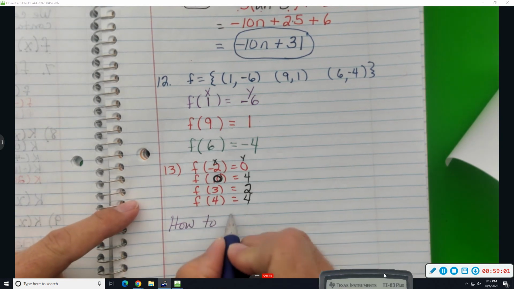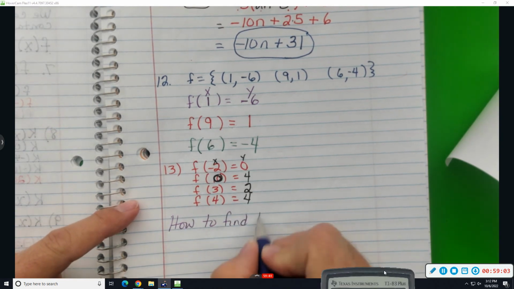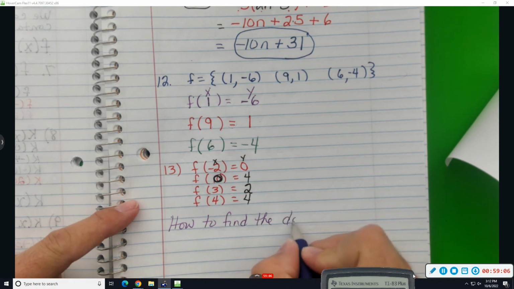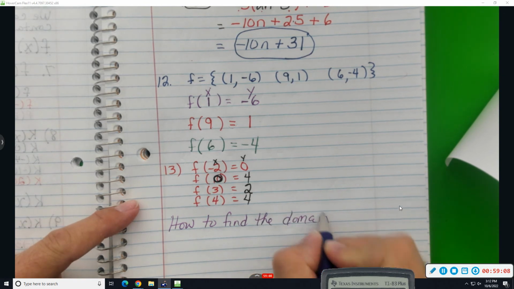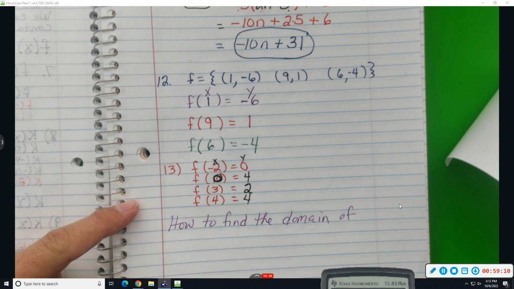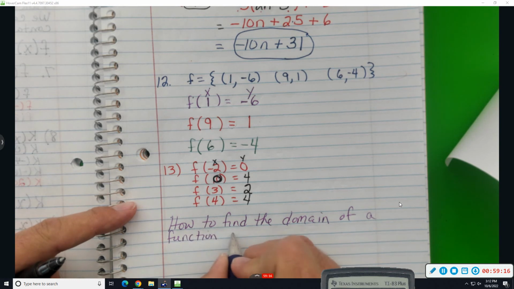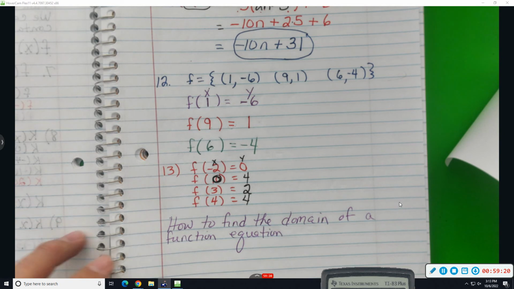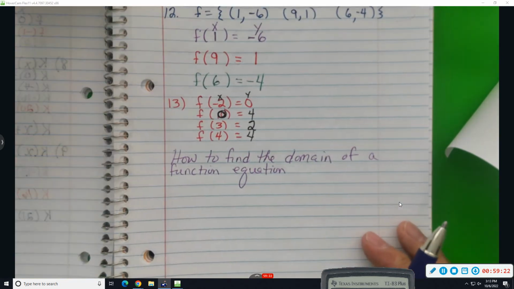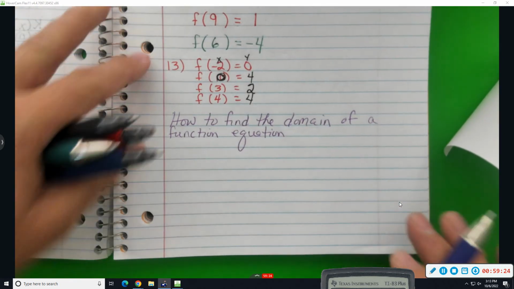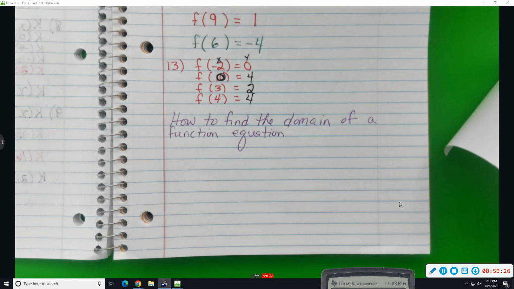How to find the domain of a function equation, or if you want to call it a formula. I think sometimes Pearson will refer to it as a formula when it's written as a function, or as an equation rather than just ordered pairs or a graph.